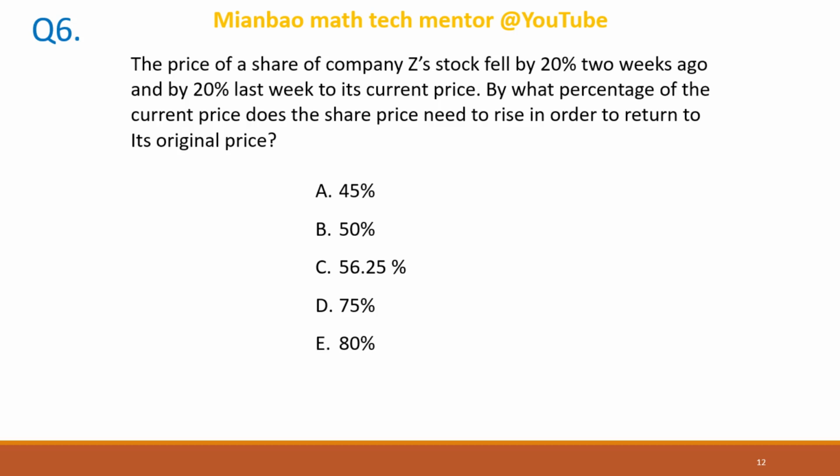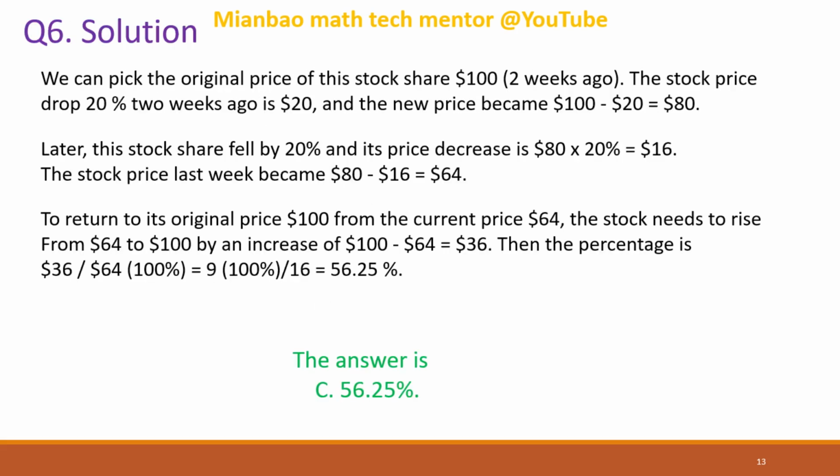Question 6. Which of the following answers is correct? A, B, C, D, or E? We can pick the original price of this stock share at 2 weeks ago, $100. The stock price dropped 20% 2 weeks ago, which is $20. Now the new price became 100 minus 20 equal to $80. Later, this stock share fell by 20% last week, and its price decrease is $80 times 20%, which is $16.